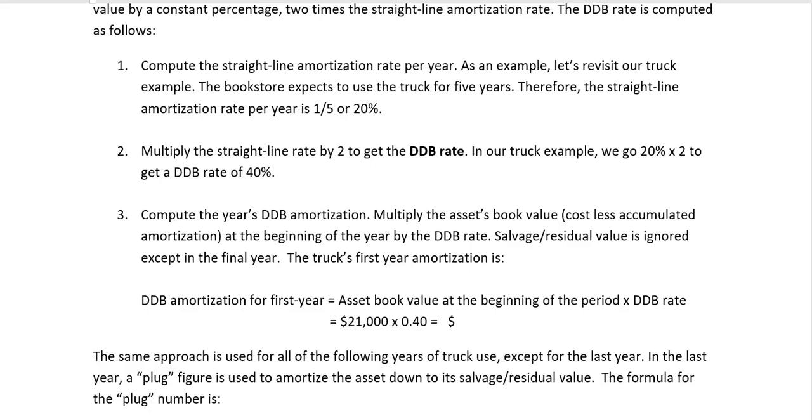If you pay $21,000 for the truck, to start off this next table for DDB, you simply take 21,000 times 40%. We don't worry about the salvage value at the start. We only worry when we hit it or we're at the end of the amortization schedule.